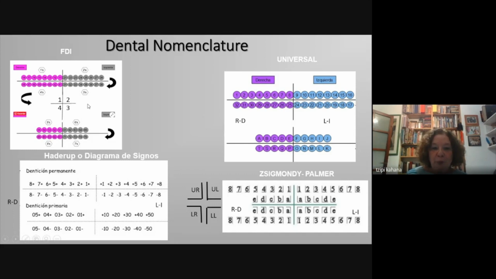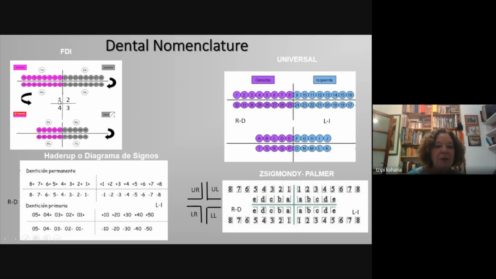The most common one, the one that is used almost all over the world, is the one created by the Federación Dental Internacional, the International Dental Federation, which is very simple. They have divided the mouth into 4 quarters.